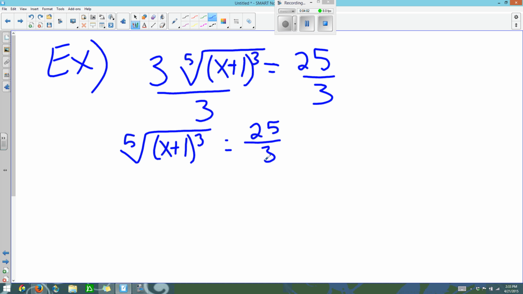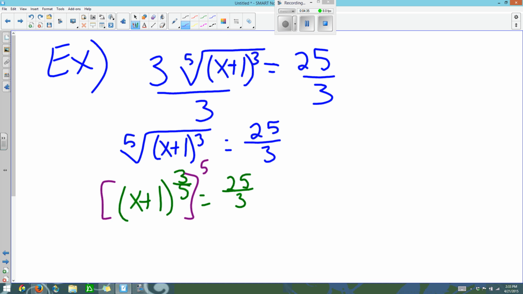Okay, we're going to rewrite the left, 5th root of x plus 1 raised to the 3rd power, as an exponent, so this way it's better to see what reciprocal we need to raise both sides by if we change the radical expression to exponential. So we notice here that we need to raise both sides by 5 over 3, and we're left with x plus 1.